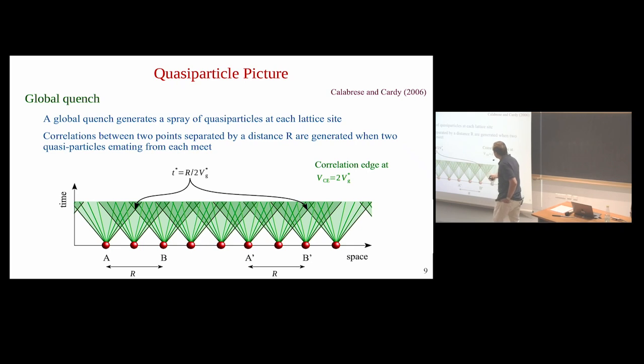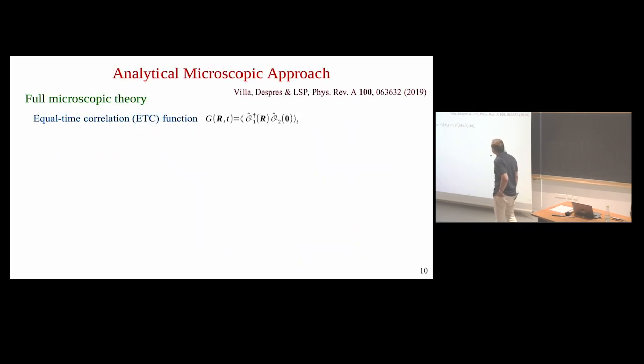The reason is that in order to generate a correlation at this distance, the quasi-particles emanating from A and B need to meet, and because you have quasi-particles from both A and B, the effective velocity is multiplied by 2. So the relative velocity is twice the maximum group velocity of the quasi-particles that you have generated in your system.